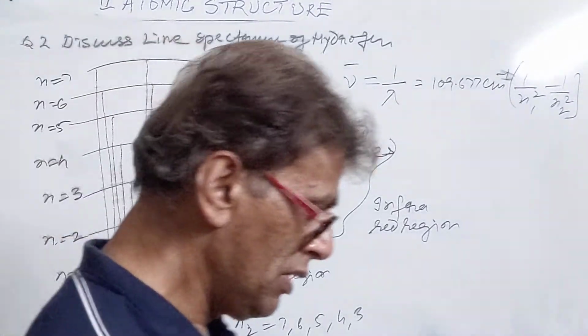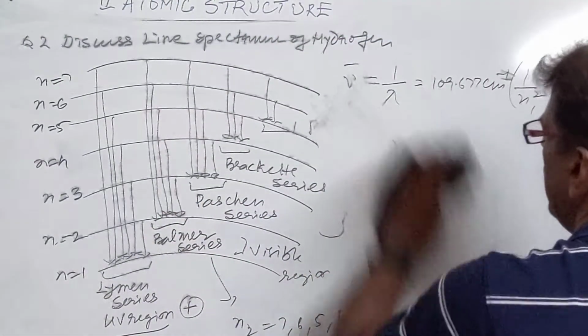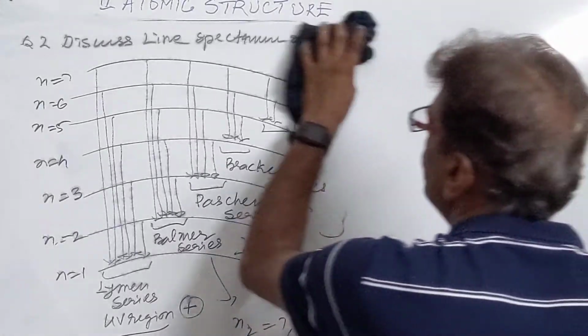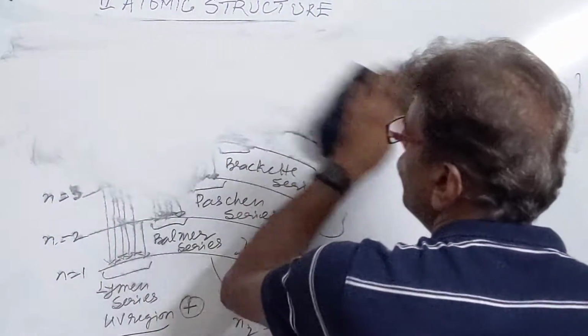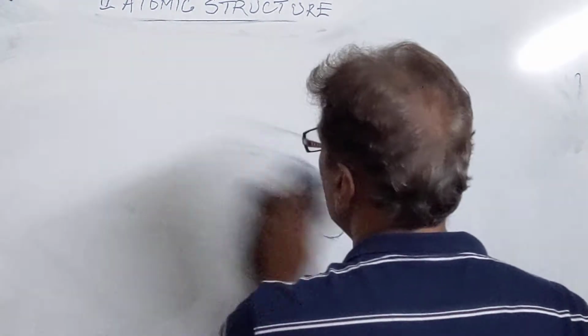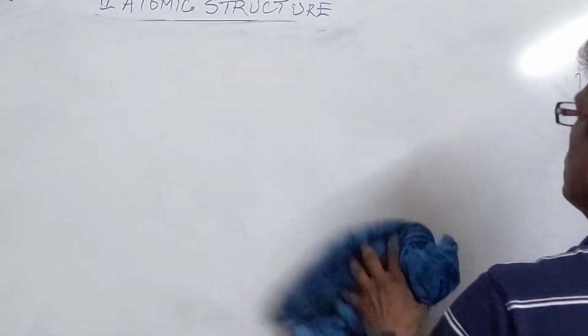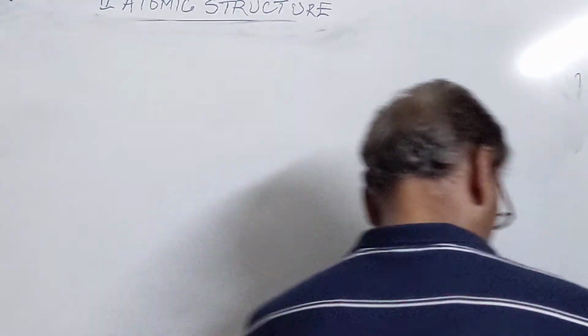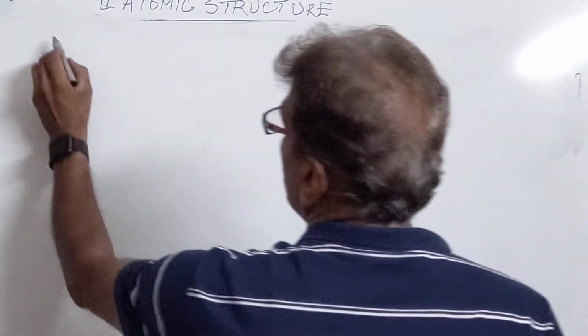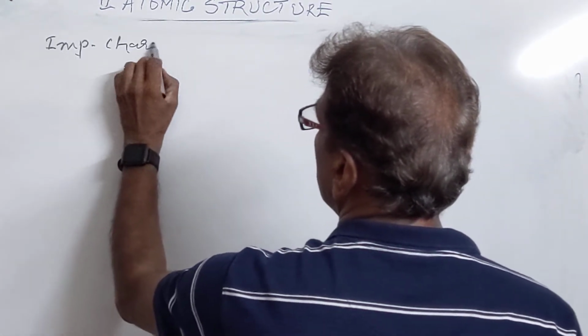After explaining some characteristic properties of light, we know that light always travels in the form of a wave. So we'll be defining some important characteristics of light.